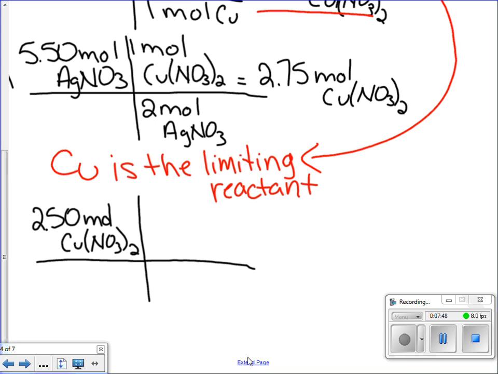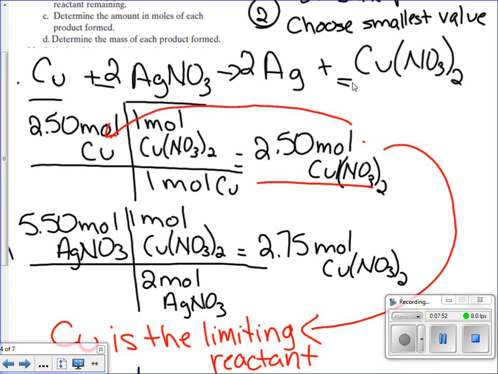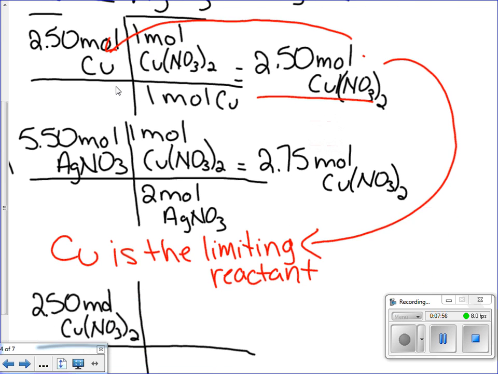I look back at my balanced equation. 1 mole of copper nitrate gives me 2 moles of silver nitrate.